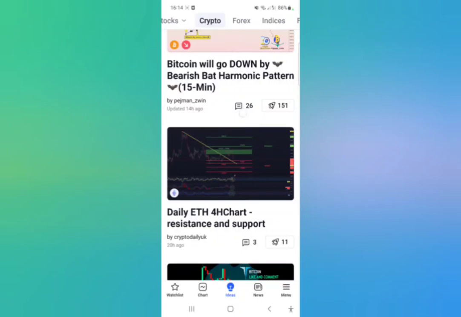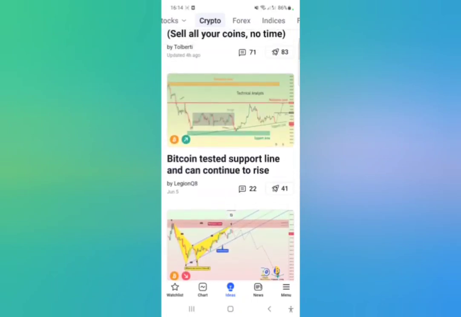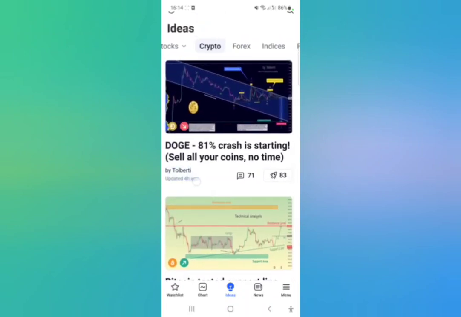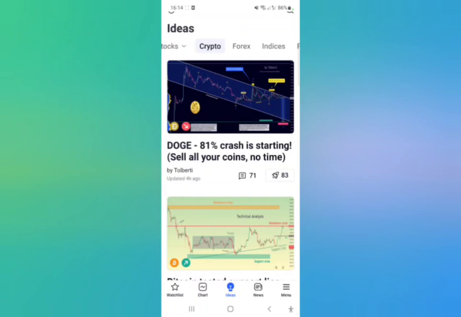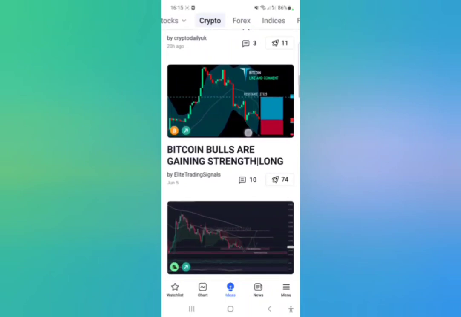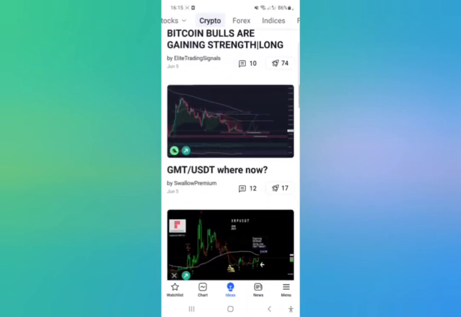Once you see it, please also do well and check the time. Now you can see that this one was sent 4 hours ago. You can see this one was sent 4 hours ago. Now if I scroll down, you can see the ones that were sent 20 hours ago.